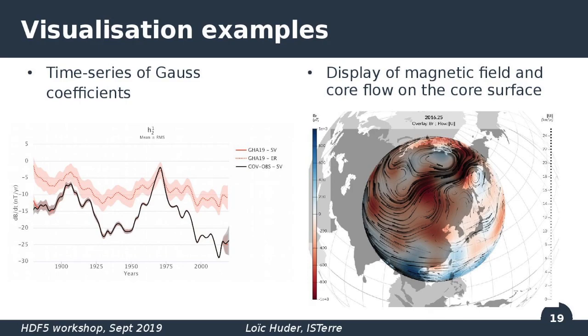Any other questions? What was the biggest change when you started with HDF5? What was the biggest challenge? I don't know. Really, I found it quite easy to set up.